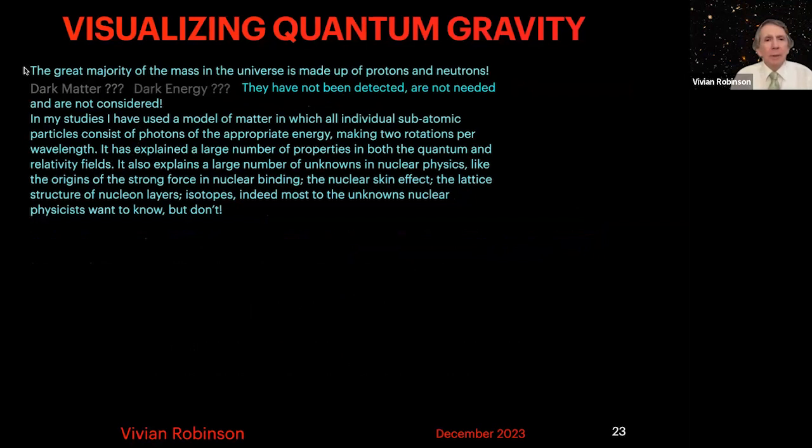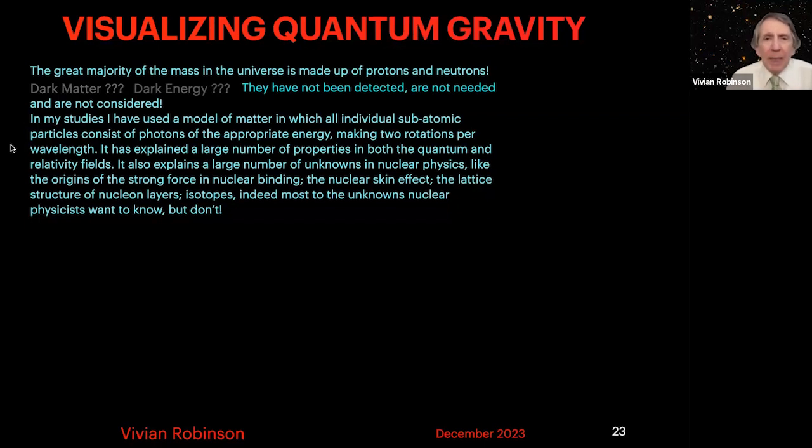The great majority of the mass of the universe is made up of protons and neutrons. Dark matter, dark energy, they've not been detected and are not needed and are not considered. In my studies, I've used a model of matter in which all individual subatomic particles consist of photons of the appropriate energy making 2 rotations per wavelength.